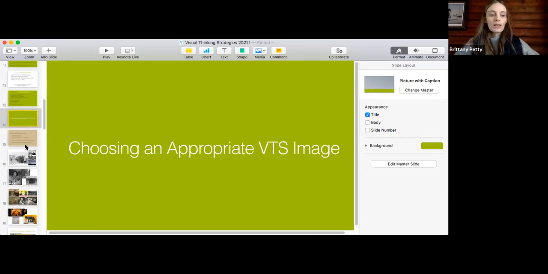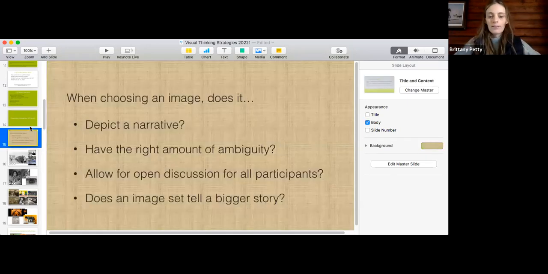So let's talk about a good image. As I mentioned earlier, you do want an image that tells a story, where there's something going on, a lot to pick from and a lot to discuss. But you don't want something too obvious.